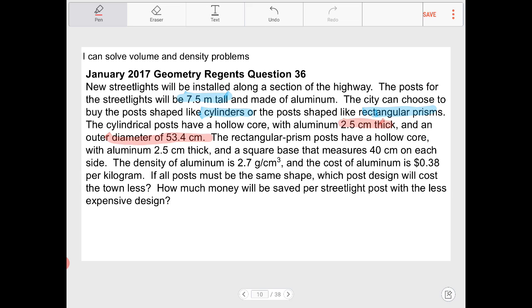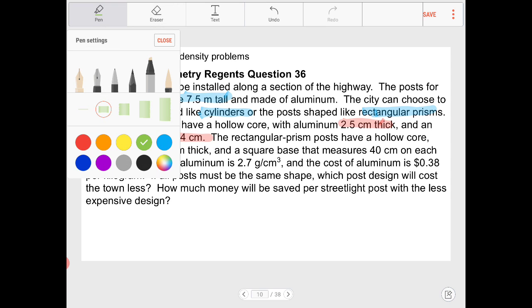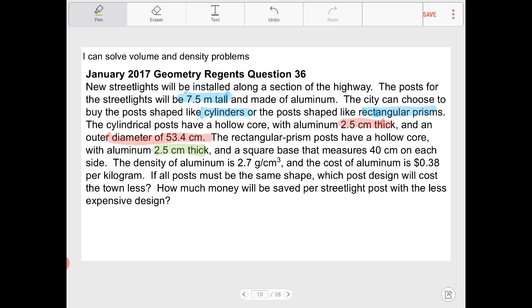And the rectangular prism posts have a hollow core with 2.5 centimeters. Again, this is the same thing. So I'm going to use green here to represent the rectangular one. The square base measures 40 centimeters on each side. So this is 40 centimeters on each side, and it's a square base.